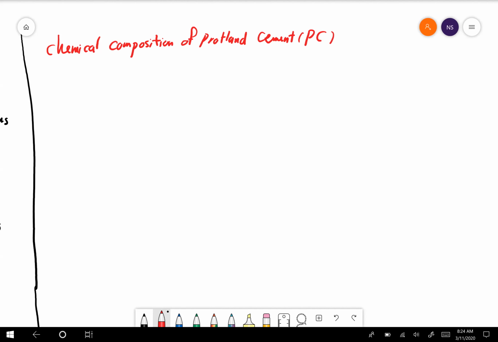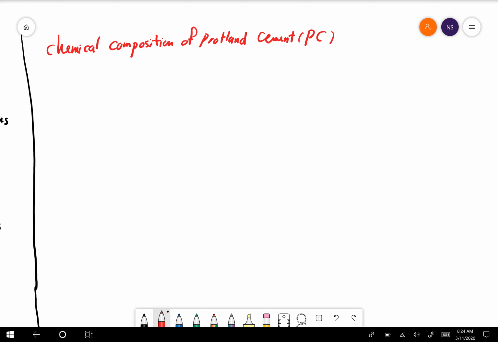We are concerned about the chemical composition because the type of hydration and chemical reaction between the different components of the Portland cement is really important and affects the short-term and long-term properties of the concrete.